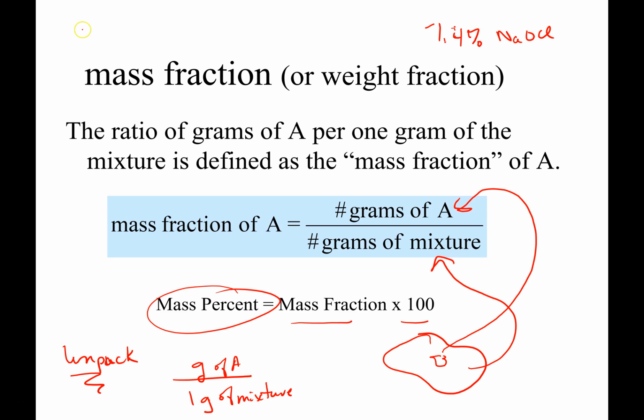That mass fraction would be 0.074 mass fraction NaOCl. And then by definition, what that means is I have 0.074 grams of the component for exactly 1 gram of the mixture.